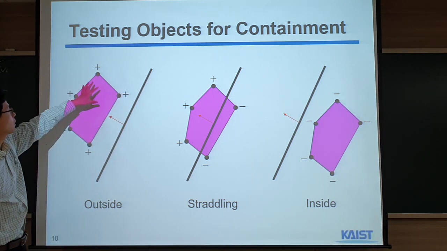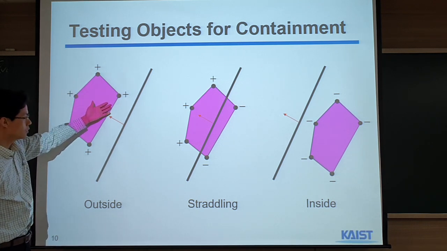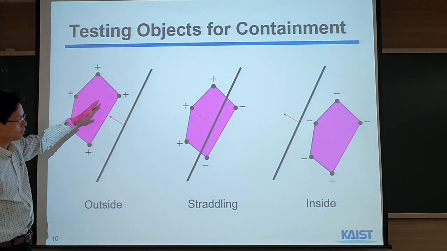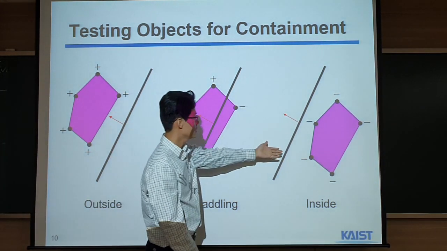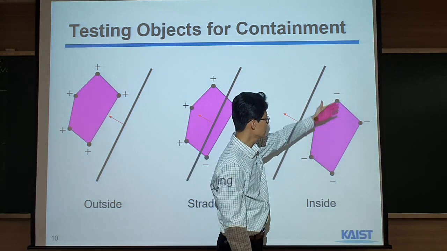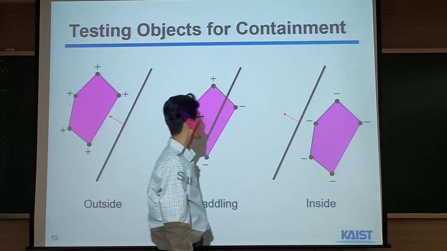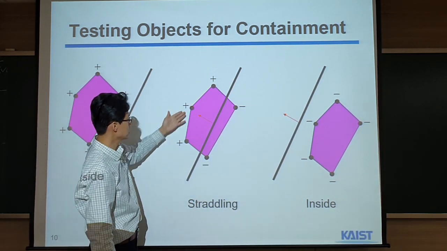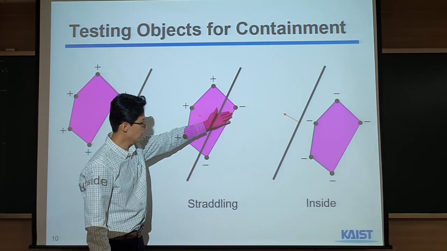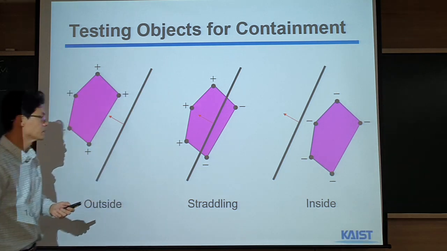If all of the vertices give a positive value, this polygon is located outside of this line, right? In the other case, if every point gives a negative value, the polygon is located inside of this line, right? And then there is the in-between case: some of the vertices give a positive value, some others give a negative value. Then this line straddles this polygon.